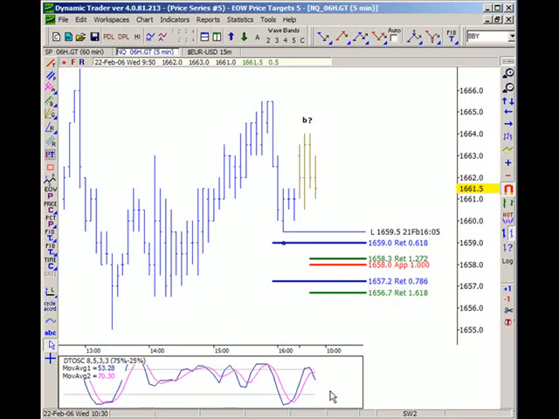And by the way, notice that I have put our DT oscillator down below. I'll teach you a little bit in this tutorial about how we use an oscillator to help confirm, once a market reaches, or if a market reaches one of our target zones, whether that target zone is going to be good or not.